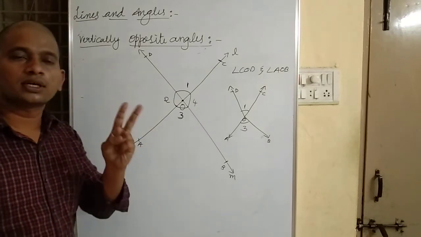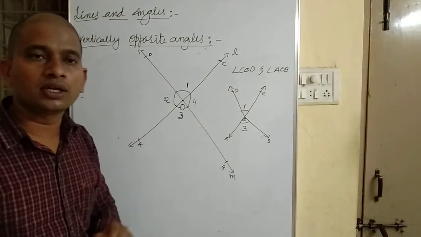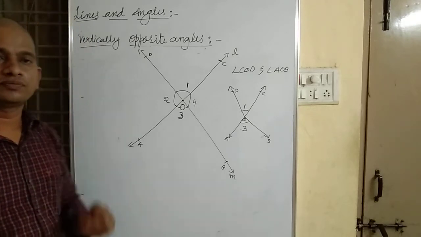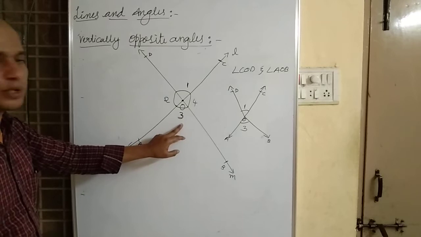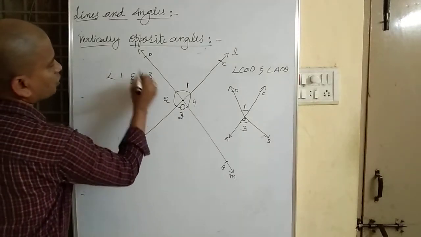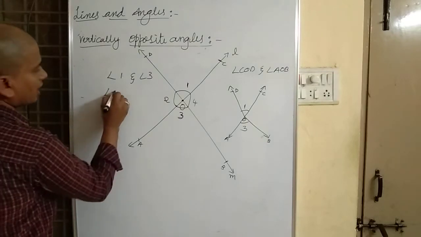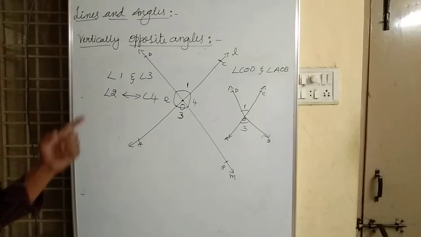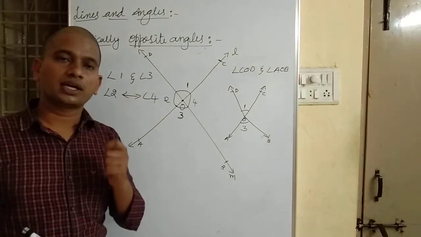The two angles do not have any common arm. Here angle 1 is vertically opposite to angle 3. Angle 2 is vertically opposite to angle 4. They are vertically opposite angles.